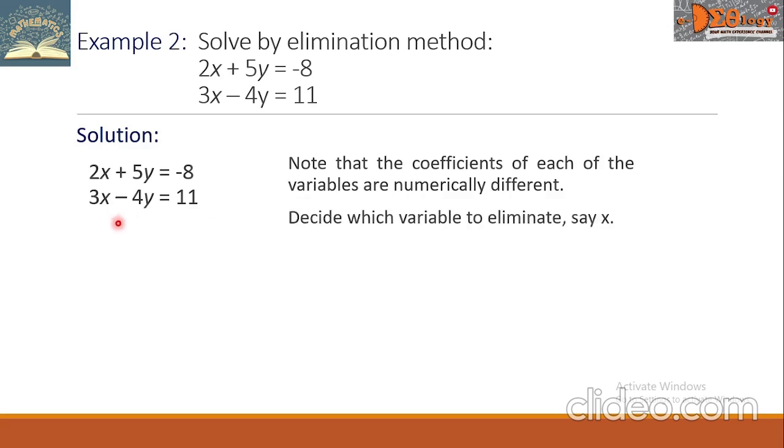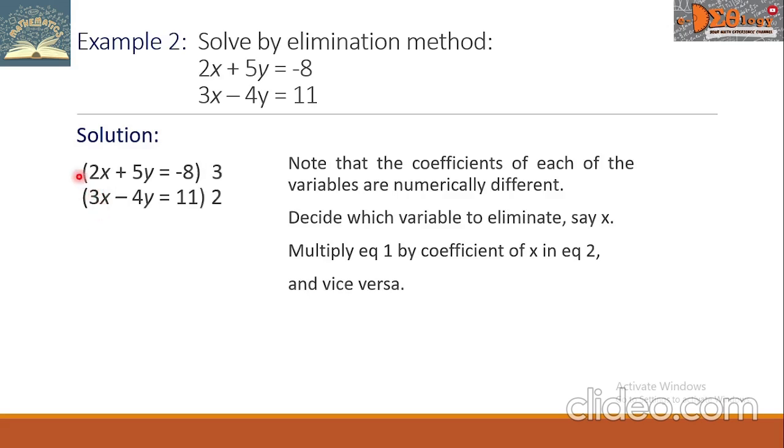In this case, we can decide which variable to eliminate. Let's say x. We're going to multiply equation 1 by coefficient of x in equation 2, that is the number 3, and vice versa.